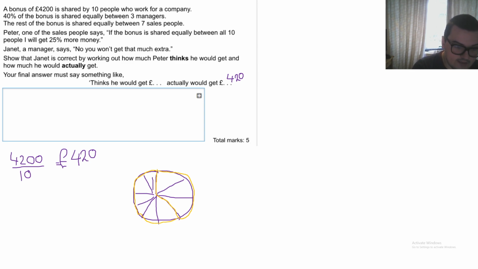This isn't a very good way of showing it. Let's work out how much one salesperson would get, because Peter is one salesperson. So we want 60% of the 4,200.